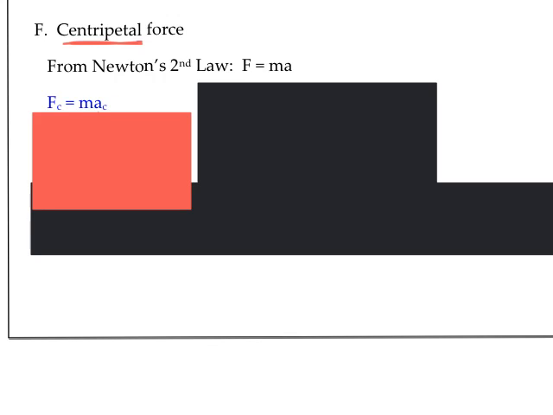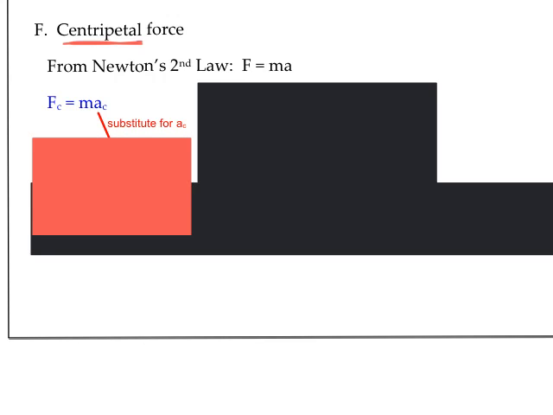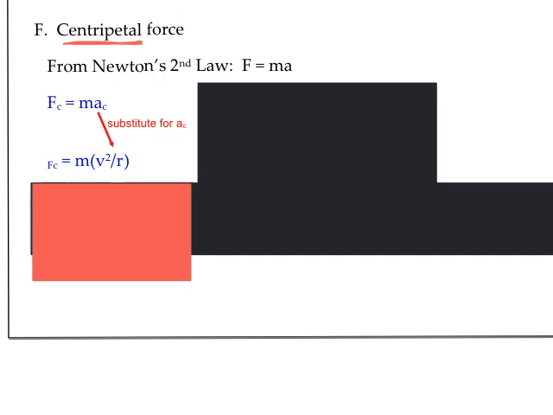So now we're dealing with both of those things, the force and the acceleration, referring to an object moving in a circle. I'm going to make a quick substitution over here. We're going to substitute in the formula for centripetal acceleration, and that's going to give me mass from here times, and then instead of acceleration, I'm going to write v squared over r.